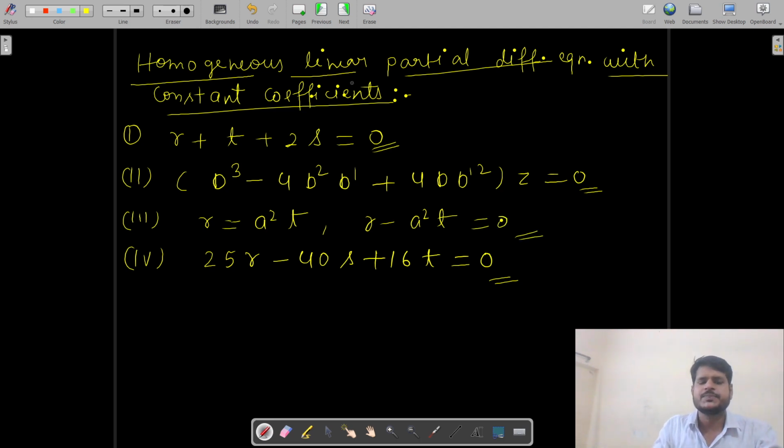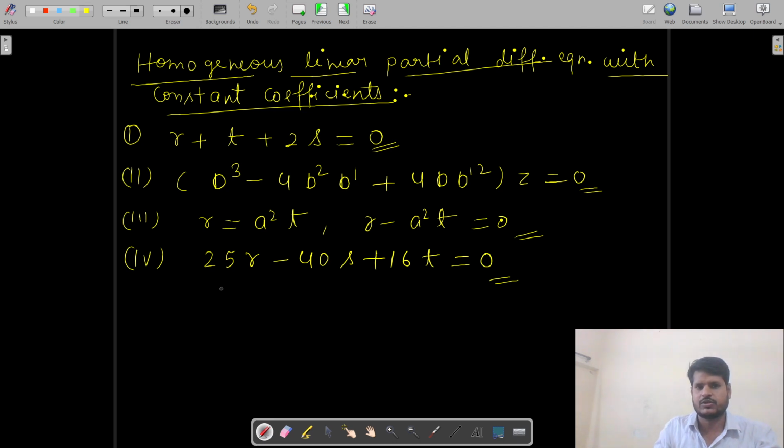Now linear, why? Because in this case the degree of each derivative is 1. So this is linear and there is no multiplication with the dependent variable and its differential coefficients. And constant coefficients, because you can check the coefficients of r, t and s, these are constants.